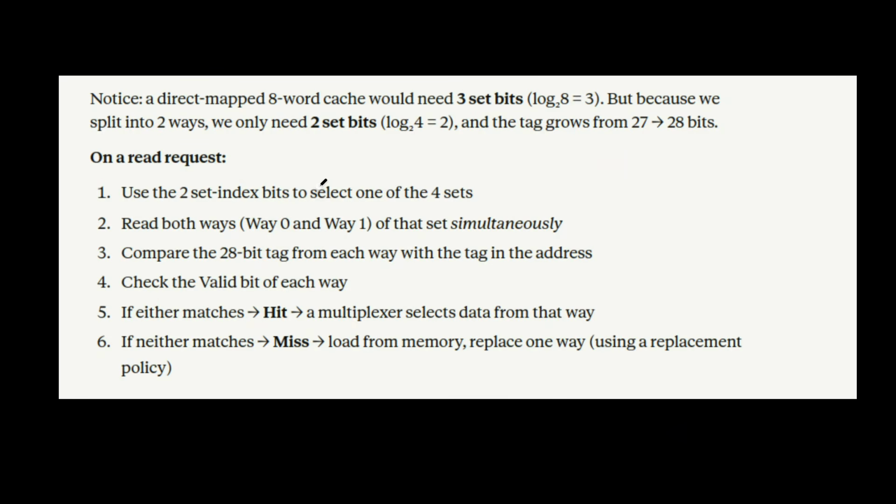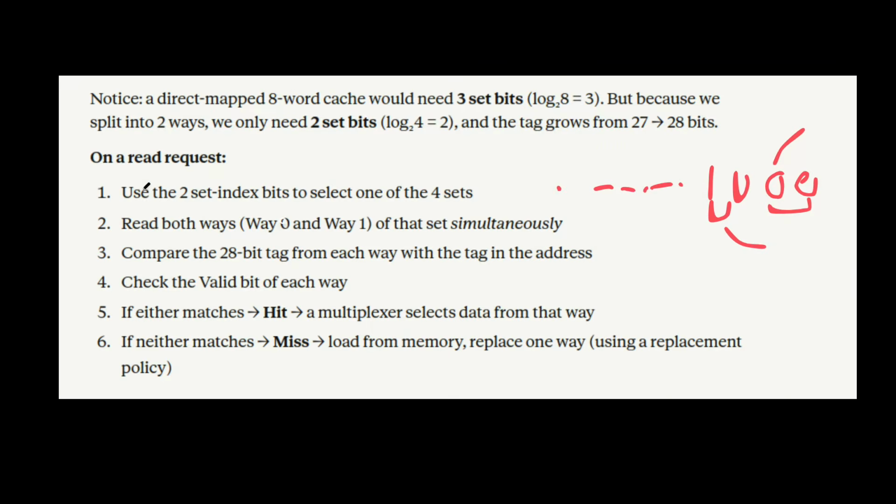But now only 4 sets are there, so 2 bits only. So in the address, the 2 least significant bits represent the offset, the next 2 bits represent the set, and the later bits represent the tag.